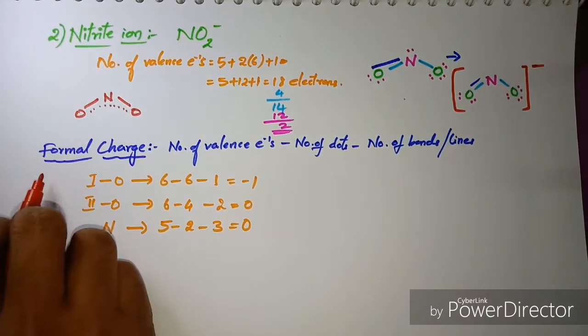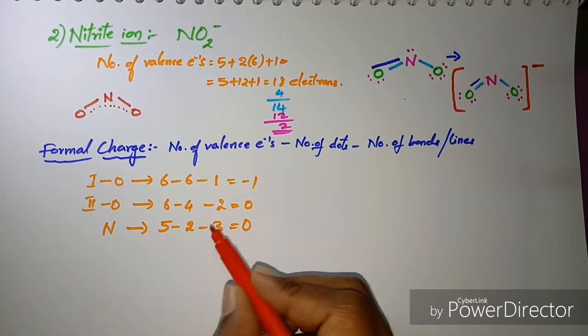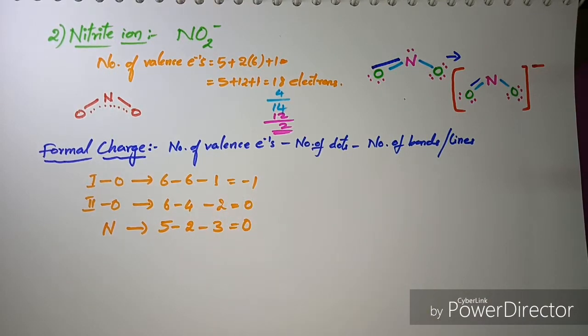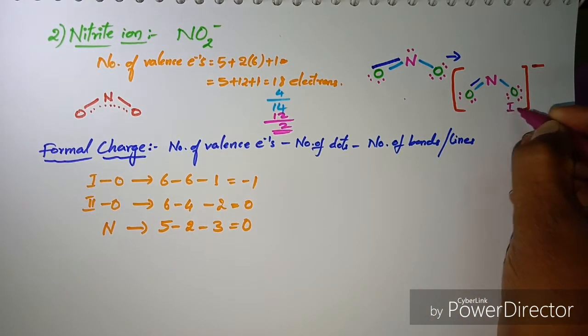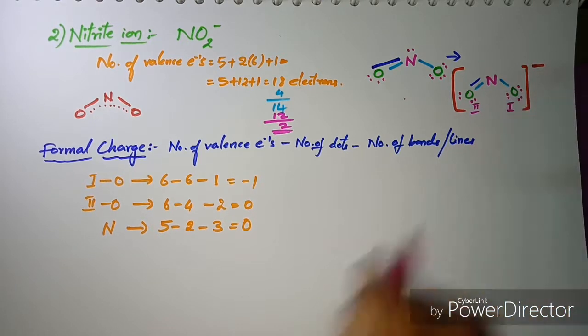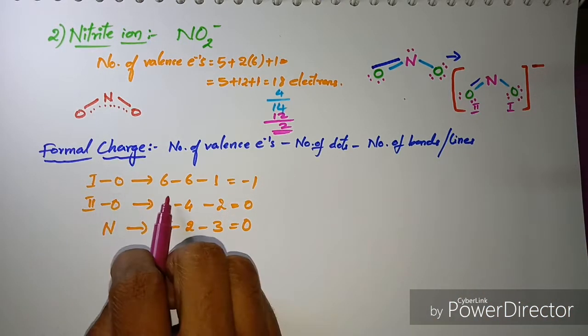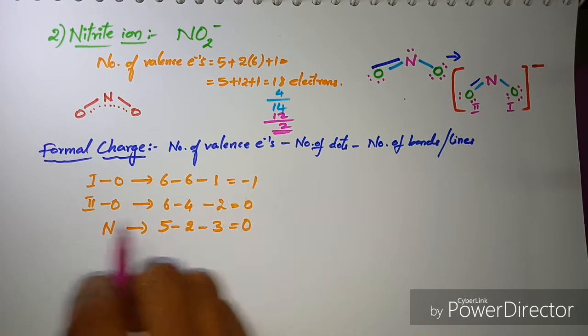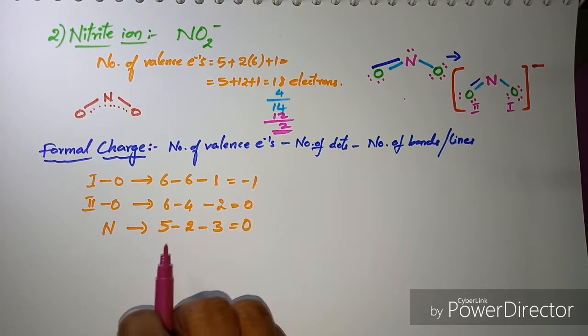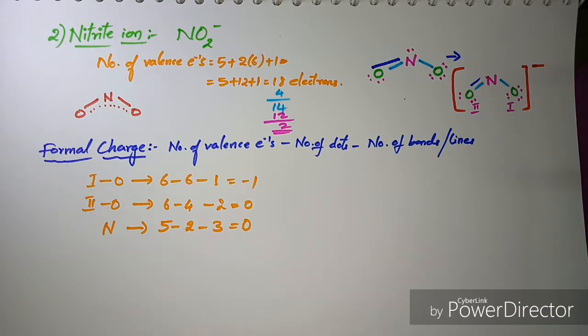Now let's come to the calculation of formal charge. For calculating formal charge, let us first designate these oxygen atoms. So let's call this the first oxygen atom and this the second oxygen atom. For the first oxygen atom the charge appears to be -1, second oxygen atom 0, and for nitrogen here I have to show.